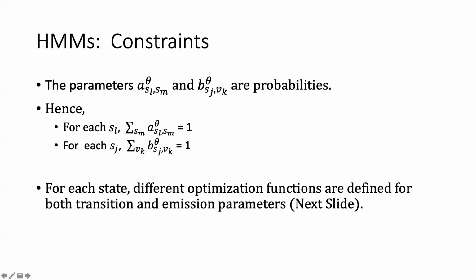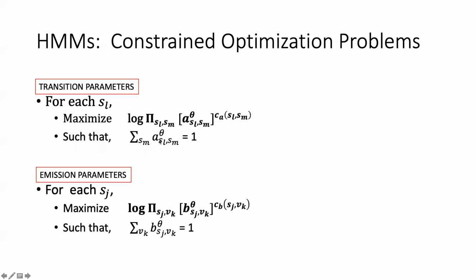So for each state, different optimization functions are defined for both transition and emission parameters. For transition parameters, this is the objective function, the log of the product of the terms involved with transition parameters and the corresponding counts, using the constraint over the transition parameters.